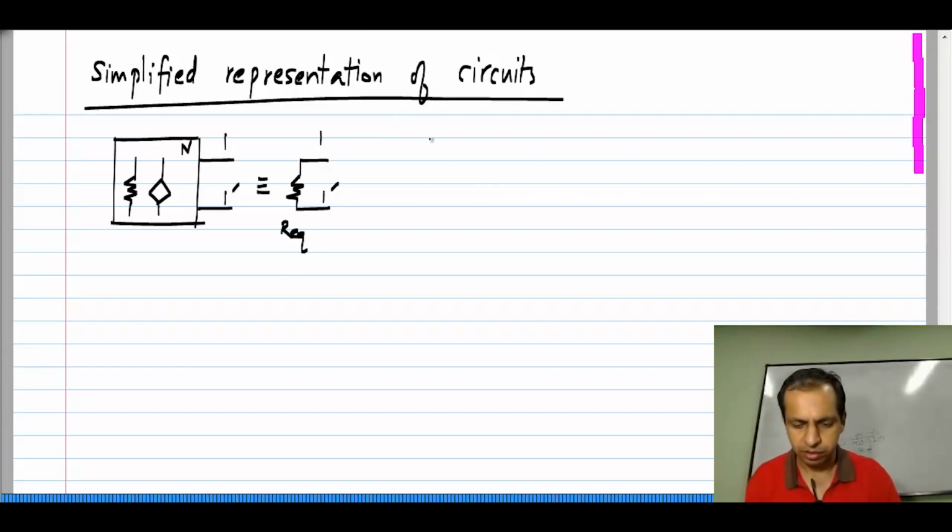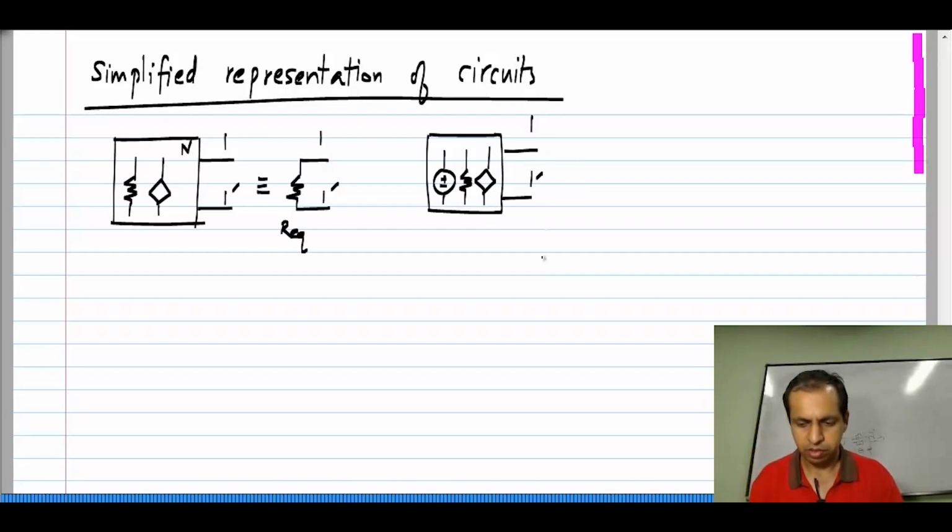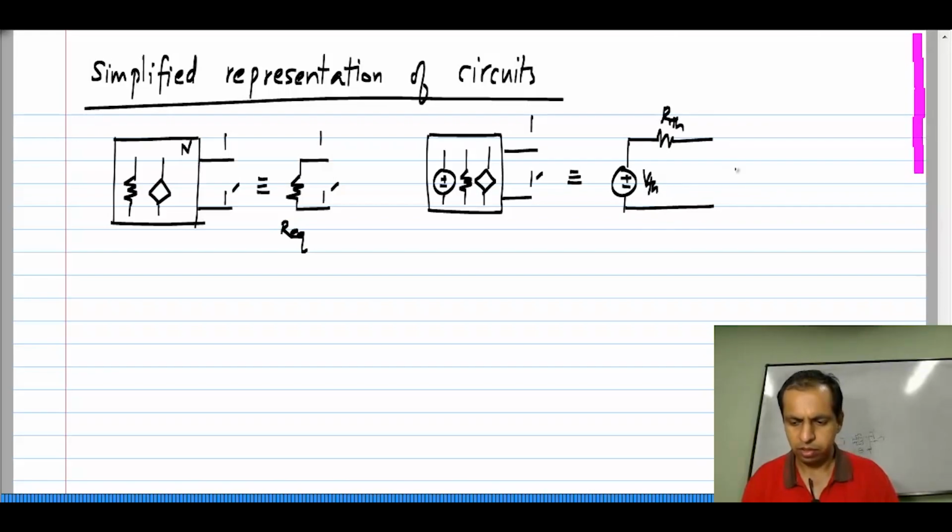And similarly, if we have independent sources, resistors and control sources, it is equivalent to having a voltage source in series with a resistance, which is also equivalent to a current source in parallel with a resistance.